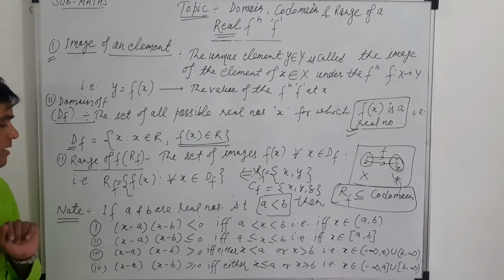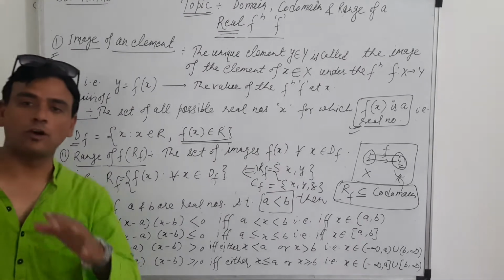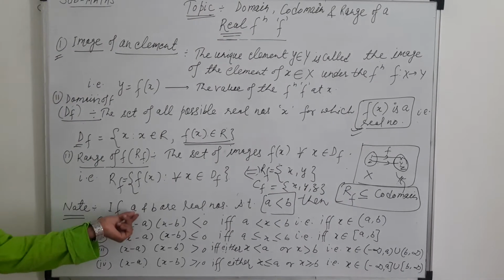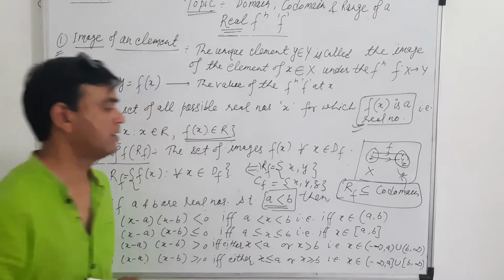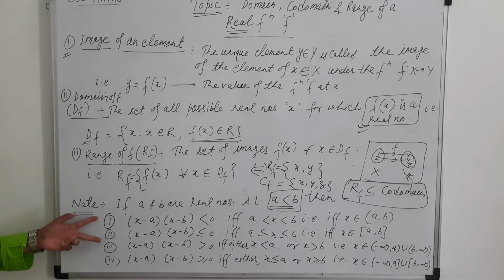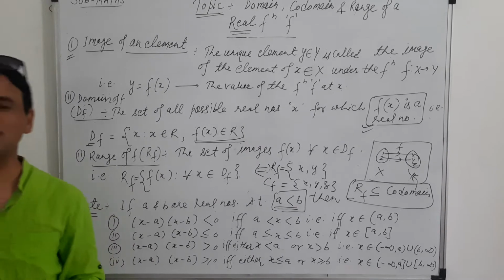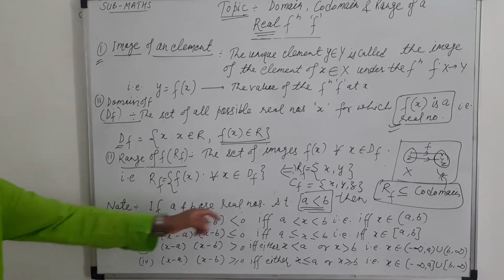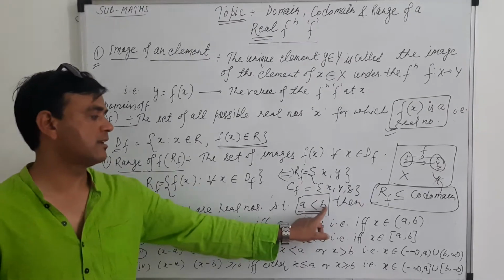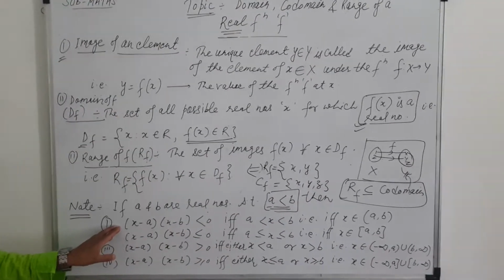Now some key points you have to remember in your mind while solving questions or sums. If a and b are real numbers such that a is less than b, then we have 4 properties here. We have already discussed these in 11th class. I think you are memorizing all of these. So here, if real number a is less than b, then we have some properties to keep in mind.